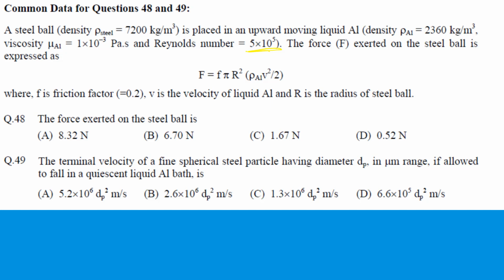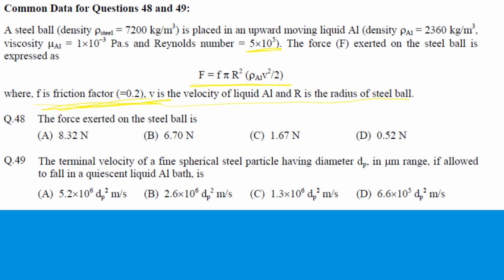The force exerted on the steel ball is expressed by F equal to f by R square rho aluminum into velocity square by 2, where f is the friction factor which has value 0.2, V is the velocity, and R is the radius of the steel ball.